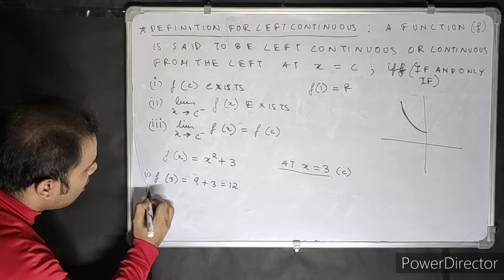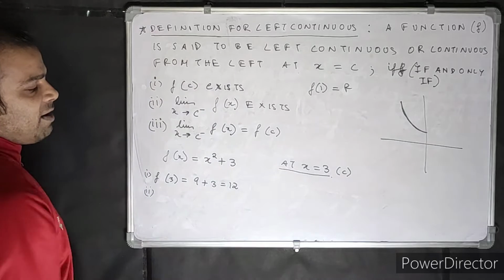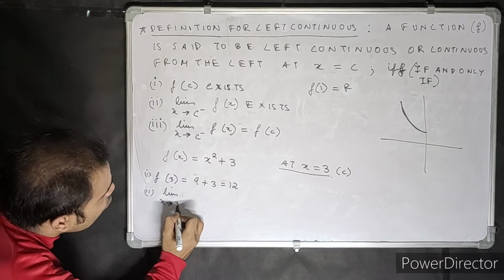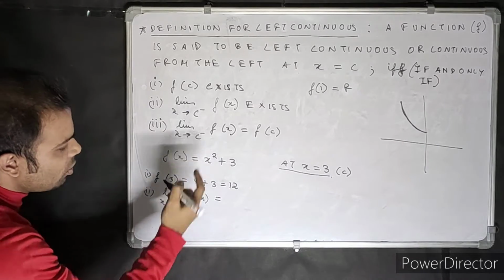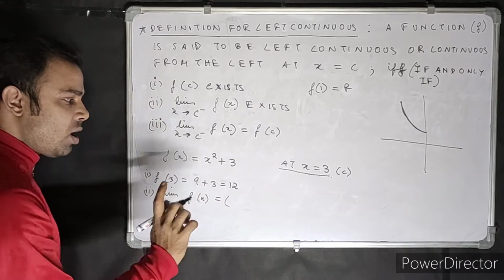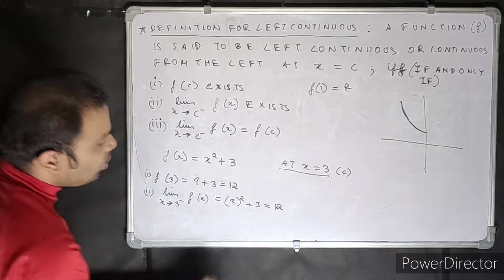Second part is to check whether limit of x tends to c negative f of x exists or not. So limit of x tends to 3 negative f of x is equal to, you have to put a 3 over here. I told you 3 on the head negative means not minus 3. It's just 3 whole square plus 3, that is also 12.